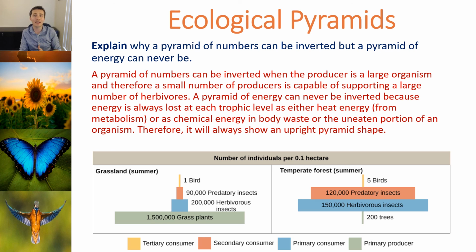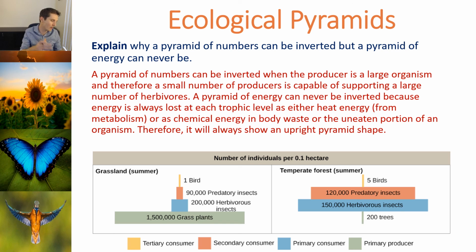A pyramid of energy can never be inverted because energy is always lost at each trophic level, either as energy from metabolism or as chemical energy in body waste or the uneaten portion of an organism. Because when the organism eats, they're not actually consuming all of the organism they eat in some cases. Sometimes they are, but most often an insect won't eat all of the plant. There's still leaves there.